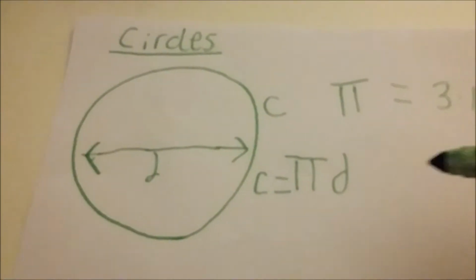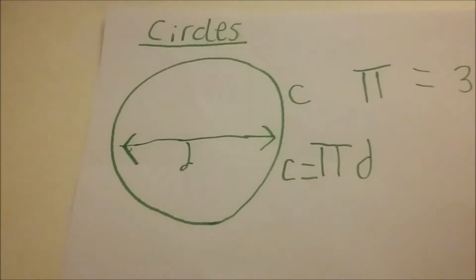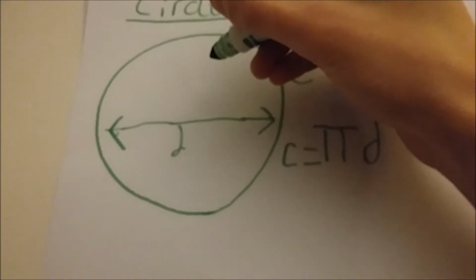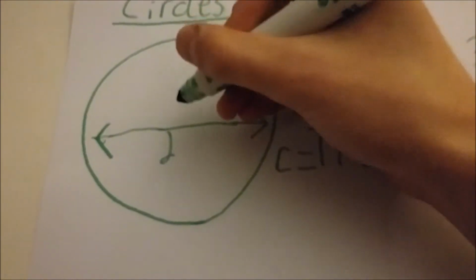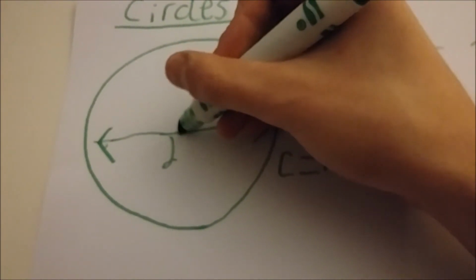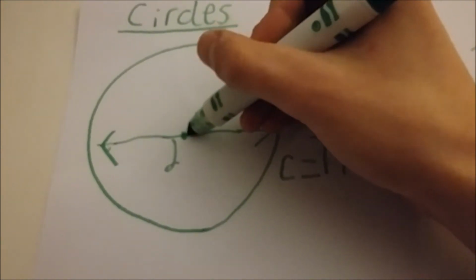Now another equation you may come across when you're learning about circles is the area of a circle. So that's how much space basically is inside here. To do that, you imagine a point in the middle of this line and imagine only half of it.